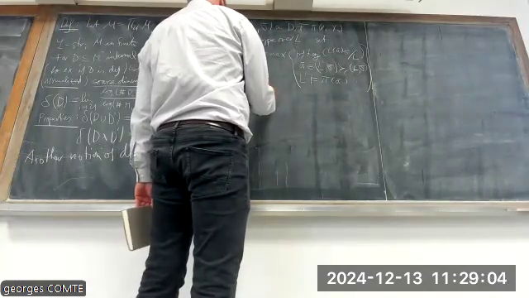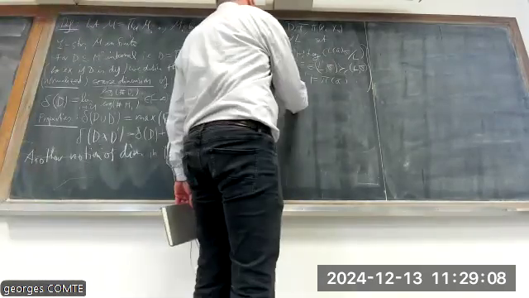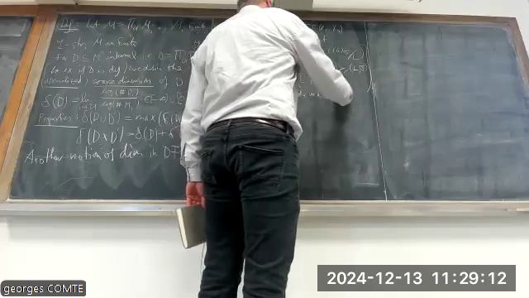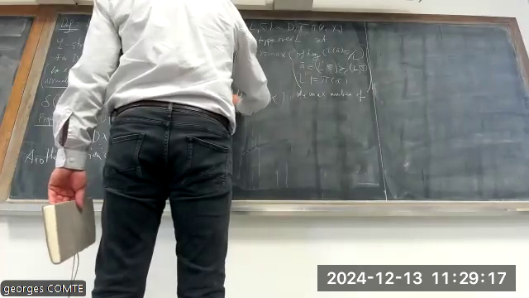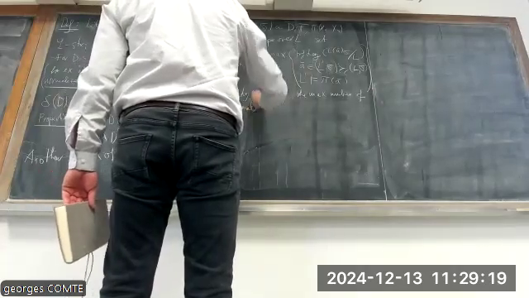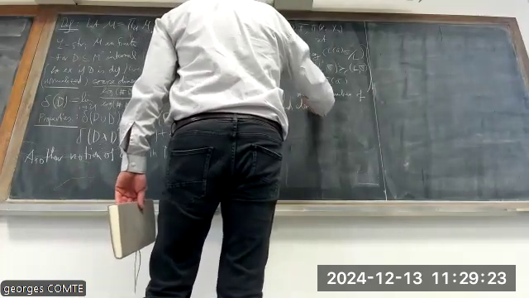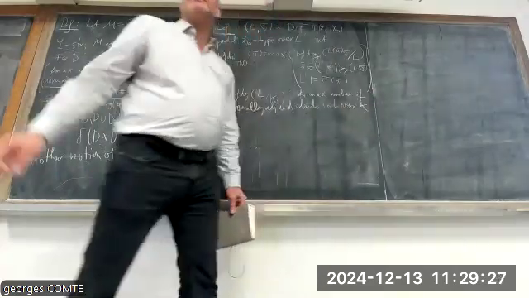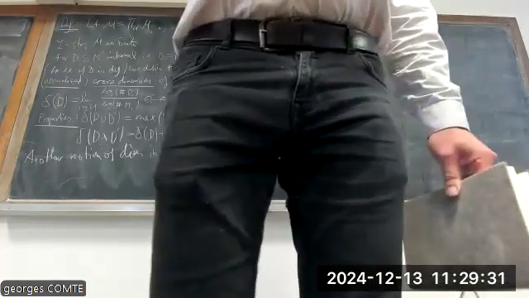The transformal transcendence degree of L over K is the maximum number of transformally algebraically independent elements in L over K. And transformally algebraically independent means not just that the elements are algebraically independent, but the elements and their iterates under sigma.